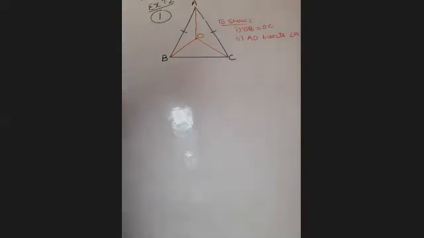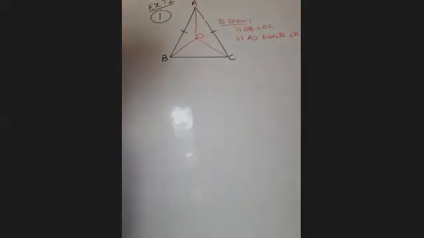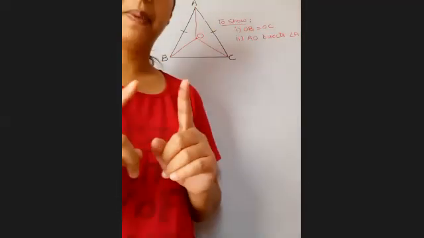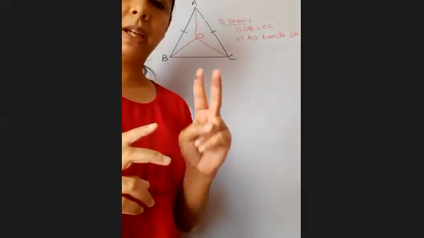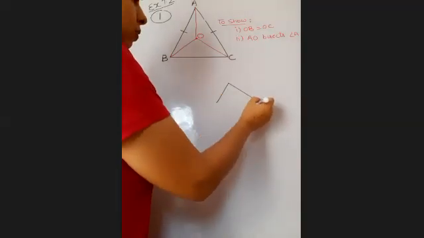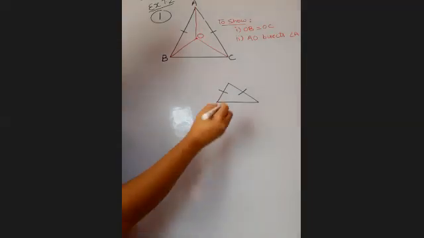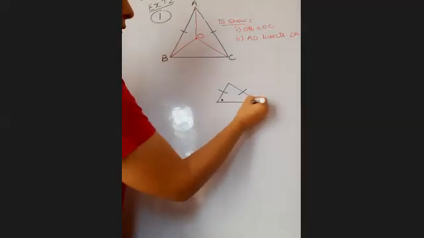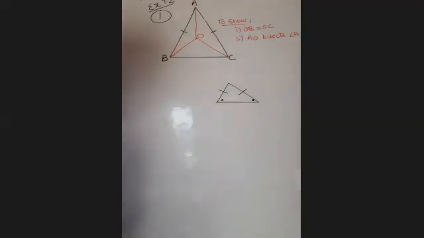Now let us first see. Just keep one thing in mind, children. In any triangle, if you have to show that two sides are equal, then focus on the property that opposite angles are equal, then sides will be equal.